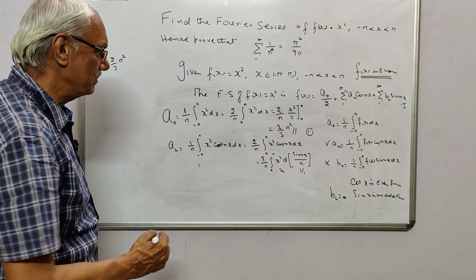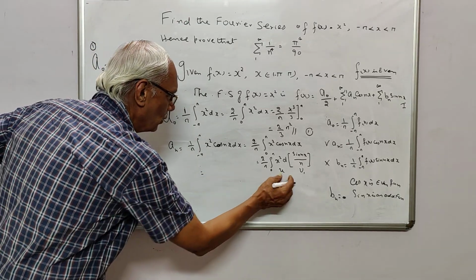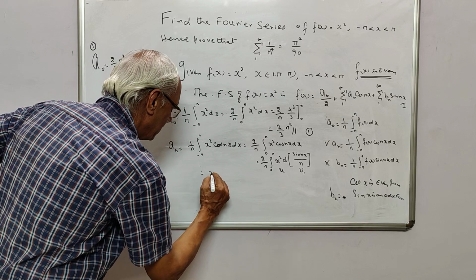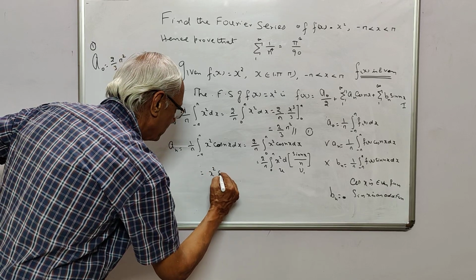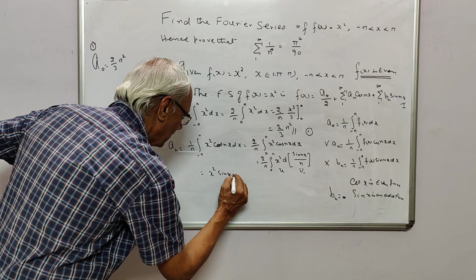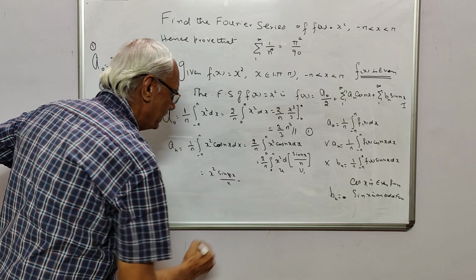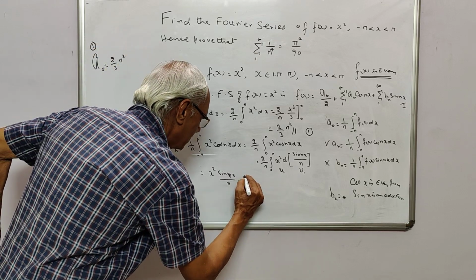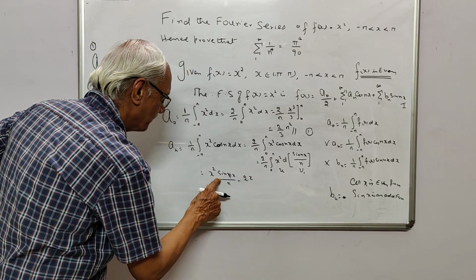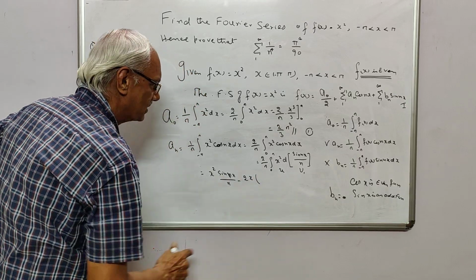Now apply Bernoulli's method. So this is equal to u v1, that is x squared sine nx divided by n, minus, differentiate this and find the integral of this. What is the integral of sine nx?